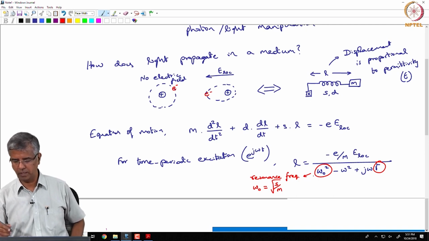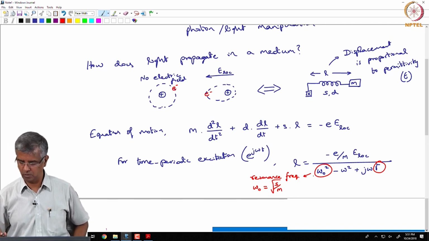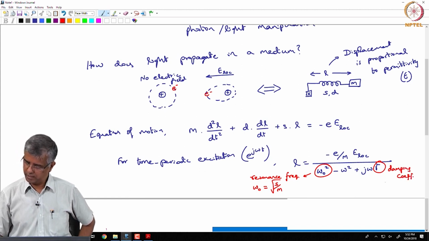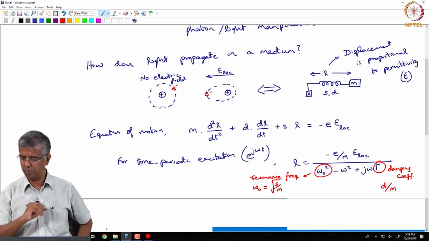So, that is why S over m we are representing as omega naught square, and this gamma is called the damping coefficient, and that is given by the damping constant divided by m.